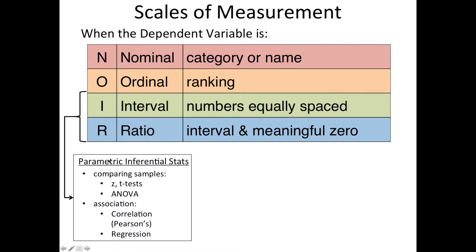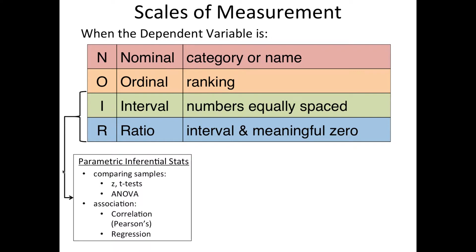So when we are comparing samples, for example, a sample to a population that we know, so a z-test, or a sample to a population we know, like in a t-test, or in a t-test with two groups that are between subjects, we compare those groups on some variable that is either interval or ratio.